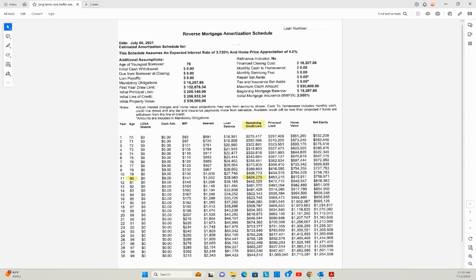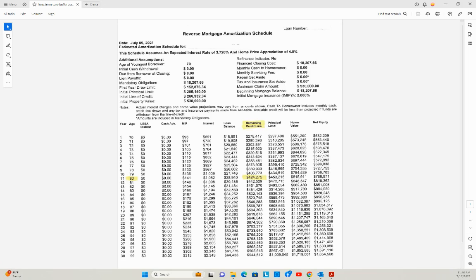One of the things to keep in mind about that line of credit is that it is unrealized equity. And what that means is the borrower hasn't pulled any of that money out. So there is no loan balance growth based on that line of credit because you haven't taken the cash out of that loan yet. There is no accruing interest based on that.